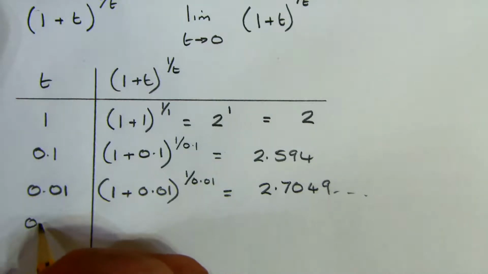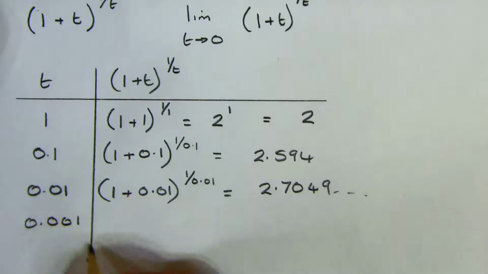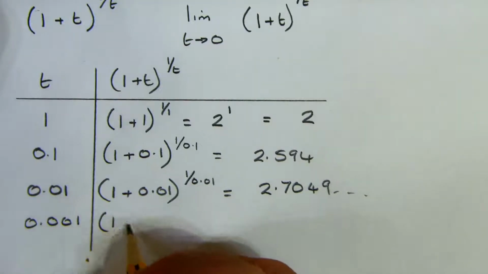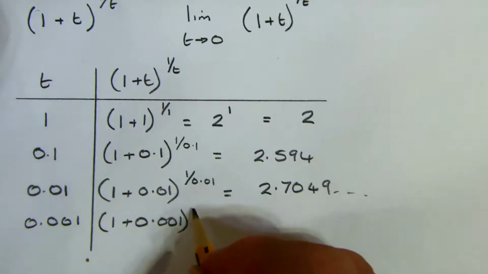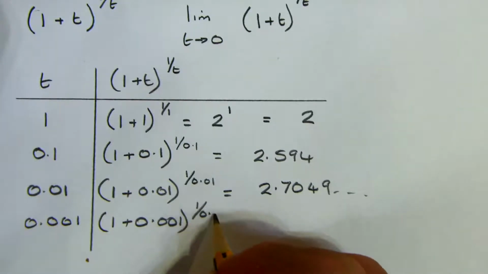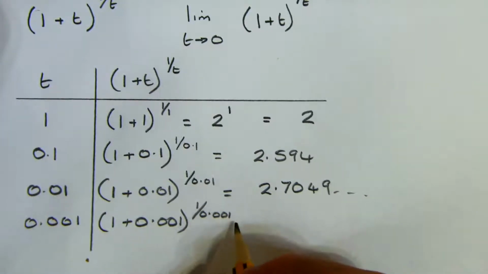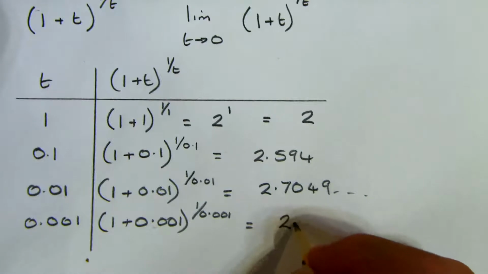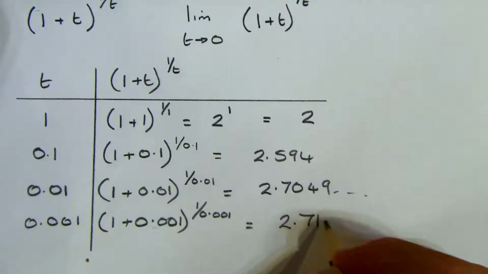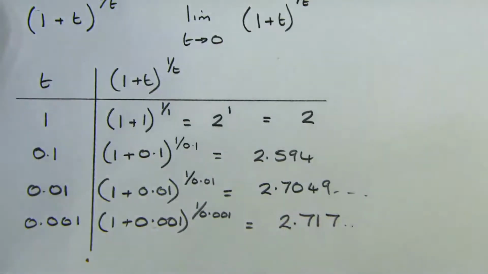Let's make this smaller still. 1 plus 0.001 to the power of 1 over 0.001. And as we put this into the calculator, we get 2.717. Let's do it a final time.